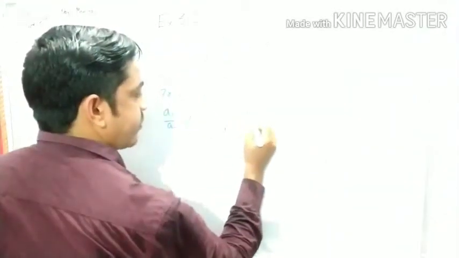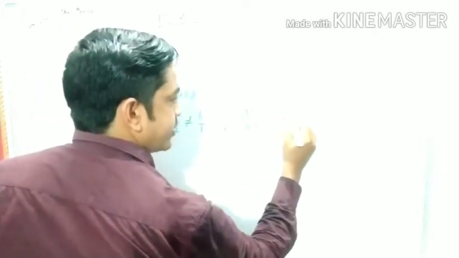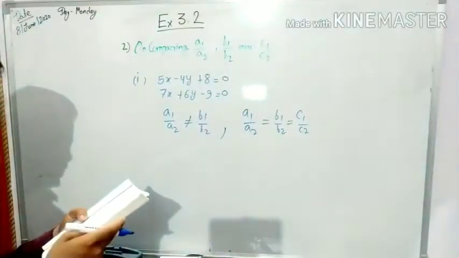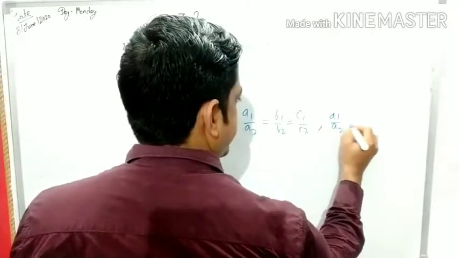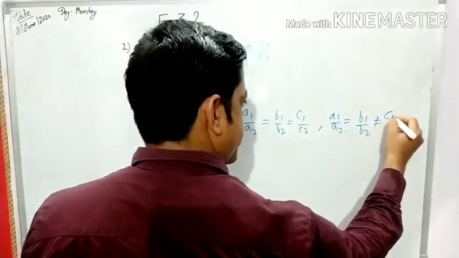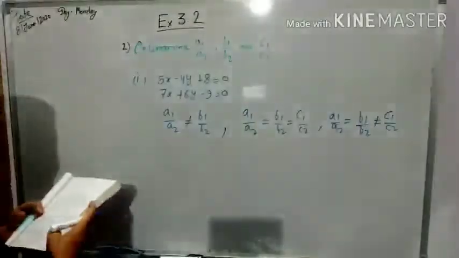If a1 upon a2 is equal to b1 upon b2 is equal to c1 upon c2, it means it has many solutions. And the last one, if a1 upon a2 is equal to b1 upon b2 is not equal to c1 upon c2, this is parallel.